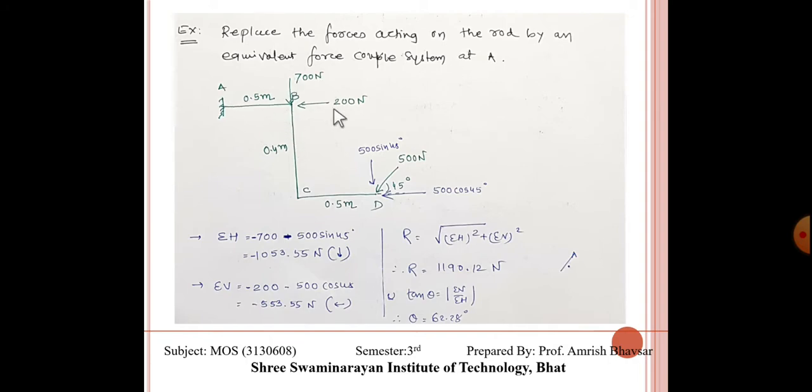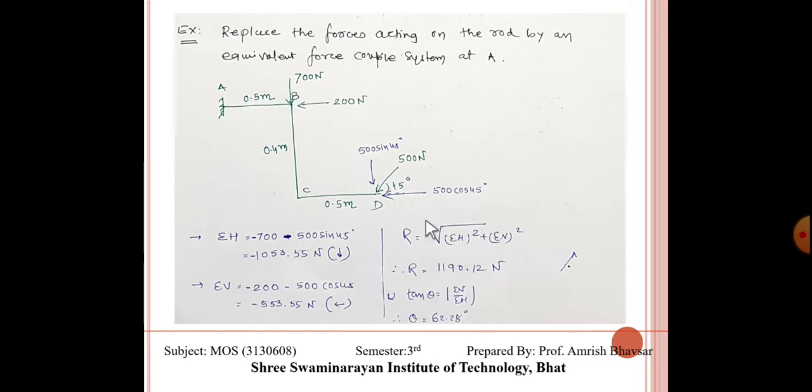So from these four forces, first of all we must find sigma H and sigma V. What is happening? Sigma H, from these forces, is horizontal leftward, and this is downward.